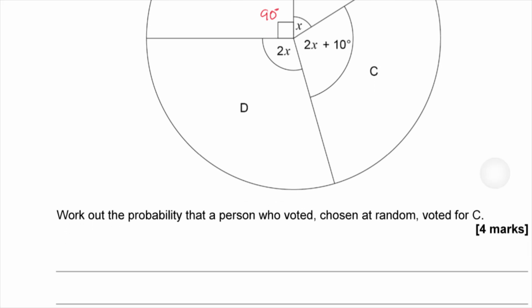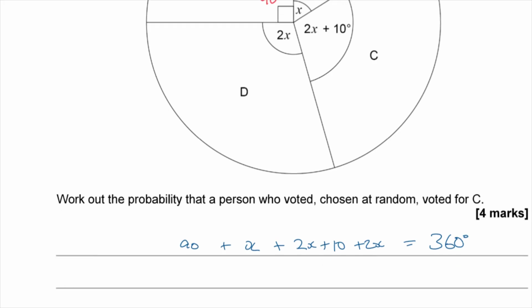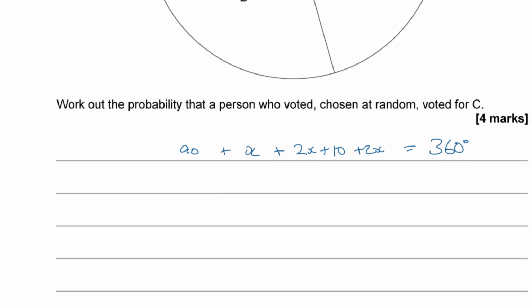So let's form a linear equation in x that we can solve. So our four angles, which are 90 plus our x plus the 2x plus 10 plus the 2x, that's got to add up to 360 degrees because there's 360 degrees in the circle. So collecting like terms, I've got an x, a 2x, and a 2x, which adds up to 5x.